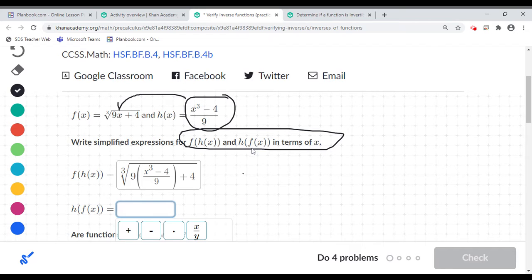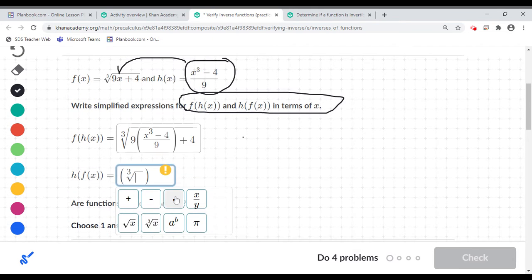Plug f of x into h. So now I've got this whole mess. I need a root. 9x plus 4, all of that gets plugged in to the third. Finish this thing off, minus 4.